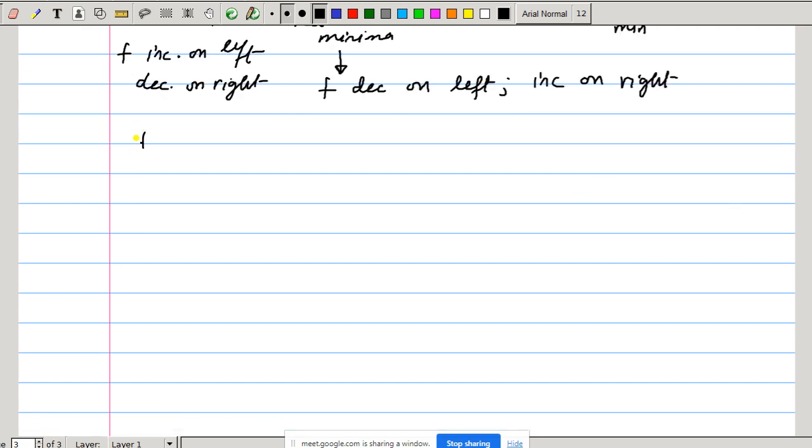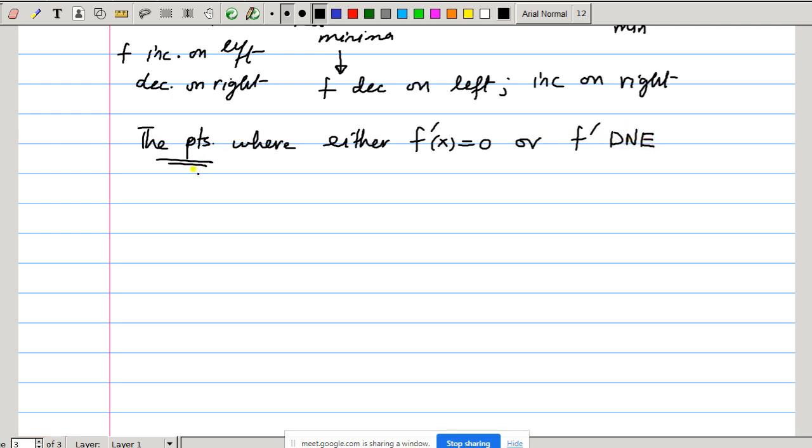So the points where either f prime is 0 or f prime does not exist are called critical points.